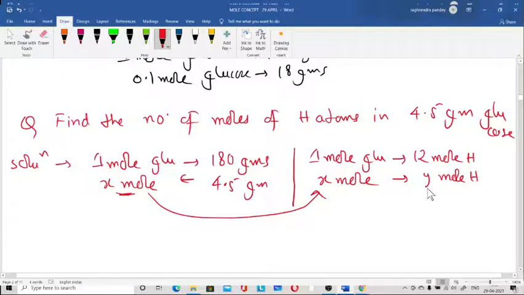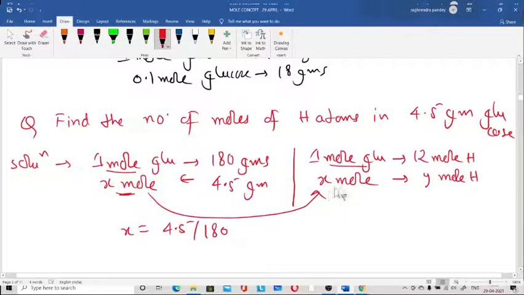Absolutely, yes, you can do that because 1 mole is equating here, so no problem. It depends upon you. So X is 4.5 divided by 180.